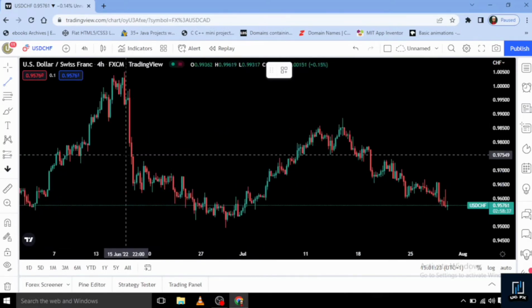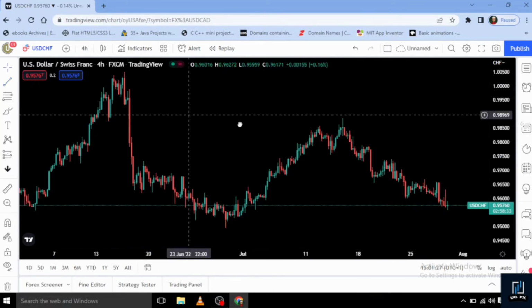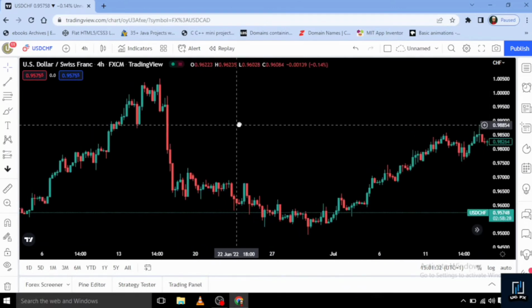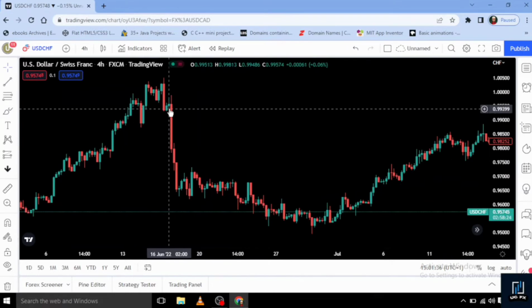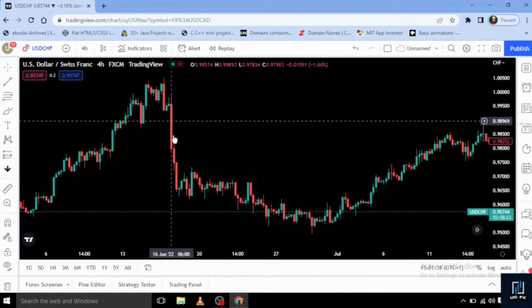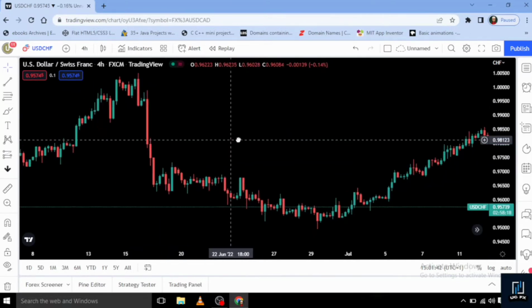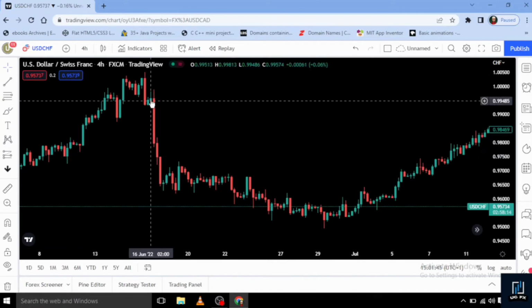So this is the H4 time frame. So from this point, as price started moving, this is our three candles. This green one, this red one, and this other red one. So we're going to be marking out the close, the open of this down candle and the close of this green candle.